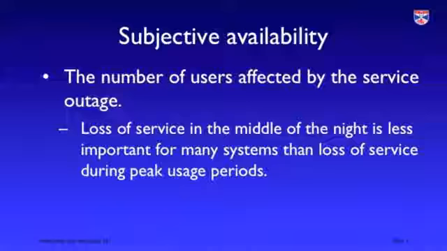We can say a system has an availability of 0.999, so that's one failure in every 1,000 units. But if that failure occurs during the day where there's a large number of system users, it's much more damaging than if it occurs, say, at 2 o'clock in the morning where there are many fewer users.